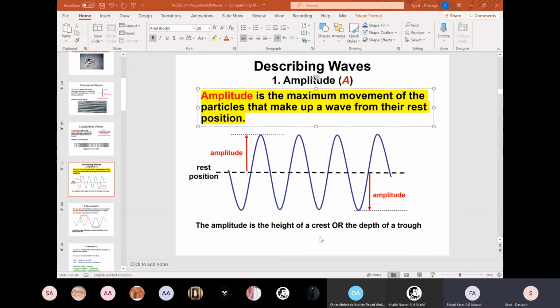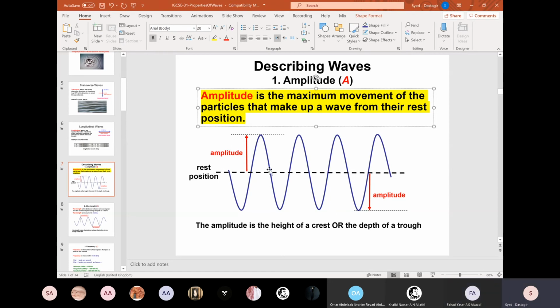You see this here? Yes. The definition you need to understand. I want you to draw these waves. Okay. And we need to be able to label these waves.